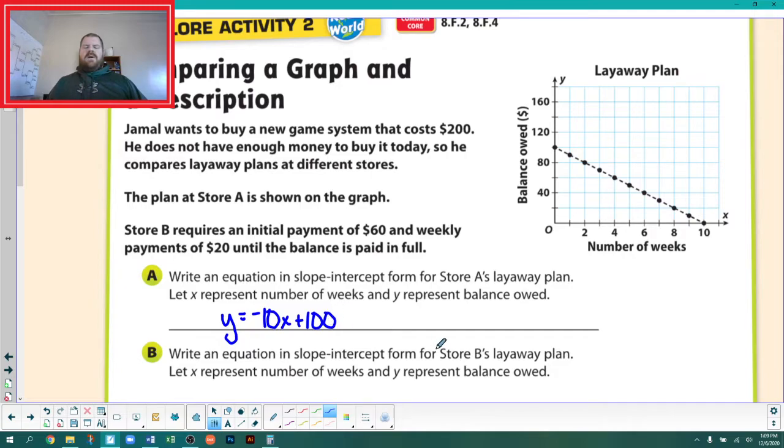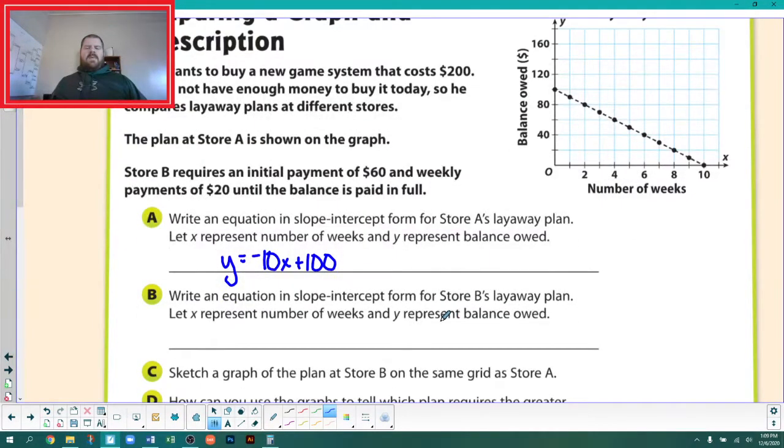It starts at 100. We want to write the slope-intercept form of store B's layaway plan. They require an initial payment of $60 and payments of $20 until the balance is paid in full. So again, we're going to let Y represent the balance owed.